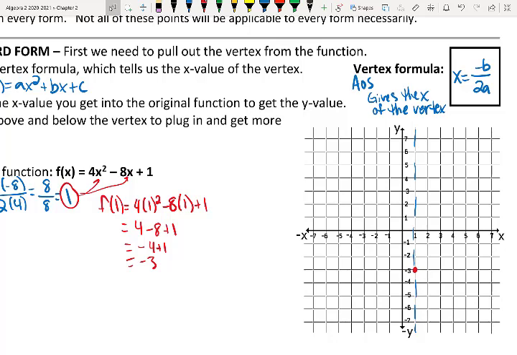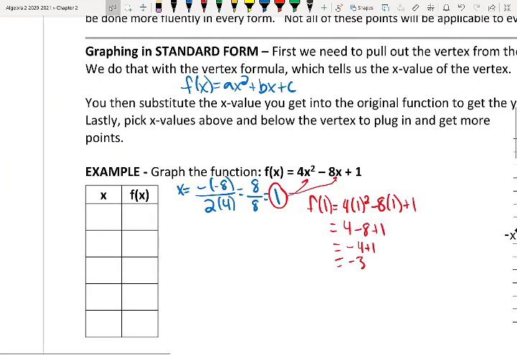So since I know when I plugged 1 in, I got negative 3, I could go 0, negative 1, 2, 3. If I make 1 be my middle point, I could find 2 to the left and 2 to the right on my parabola. Now when I do that, if that's going to be the method I choose, I'm definitely going to choose the side that's easier.